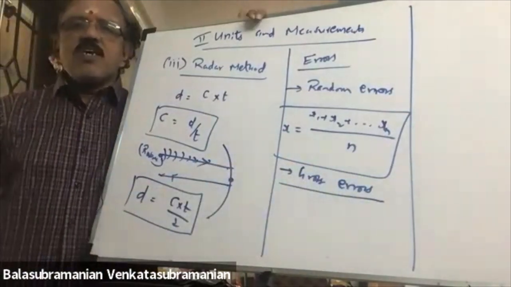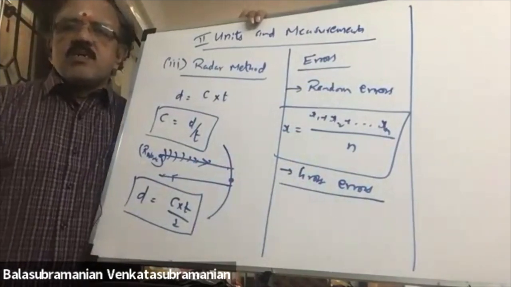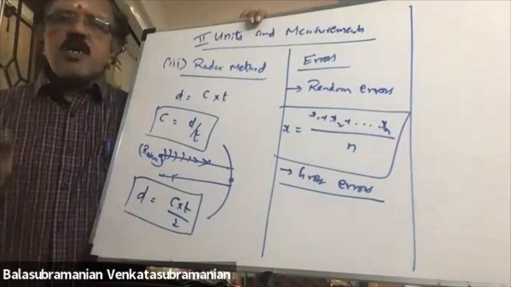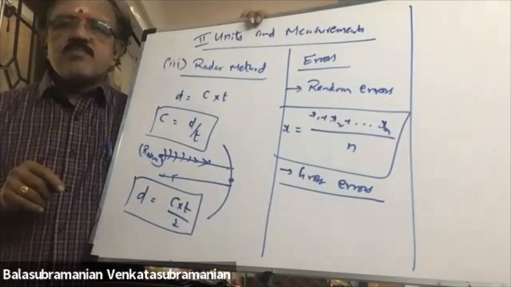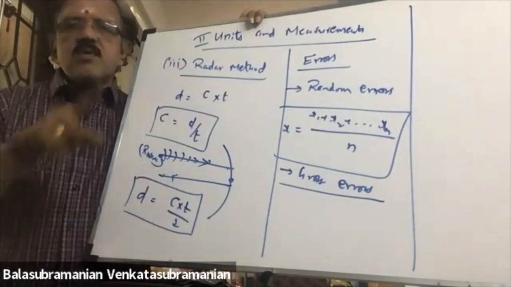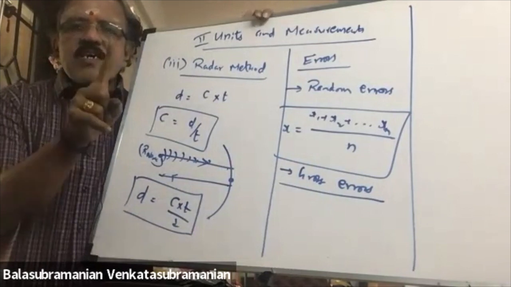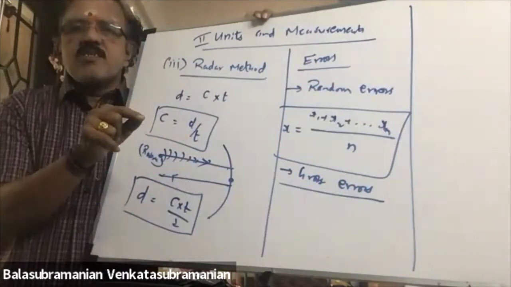Gross errors: personal errors and all, we call them gross errors. Sir, stop clock when I am using. Stop clock is different, stop watch is different. Stop clock I am using. Check every time that it is coming to 0. Sometimes it may be at 2 seconds.